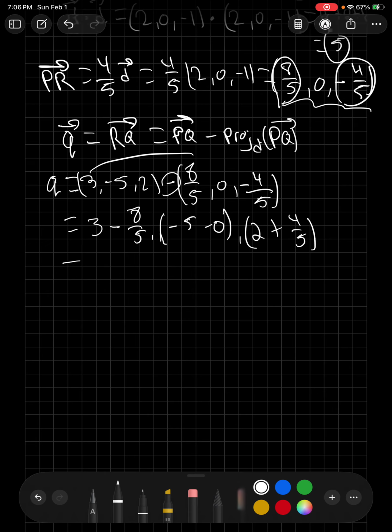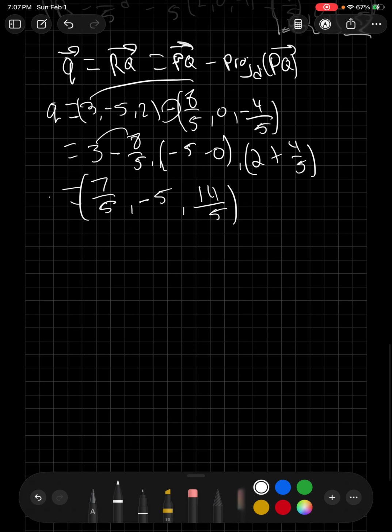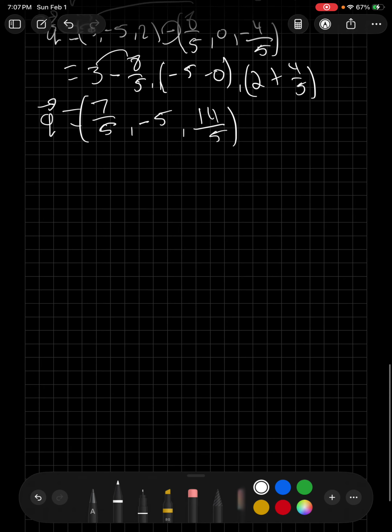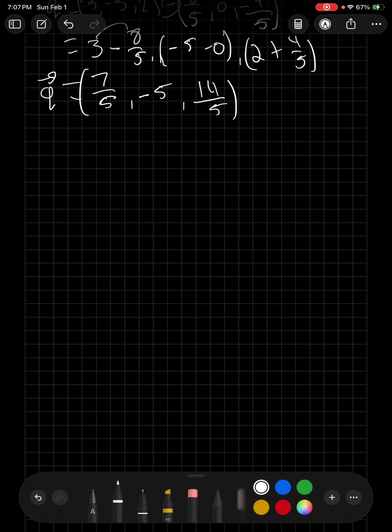Okay, and then that should give you 7/5, -5, and 14/5. Okay, so that's the last step there. That's the vector that we were trying to find, the vector Q.